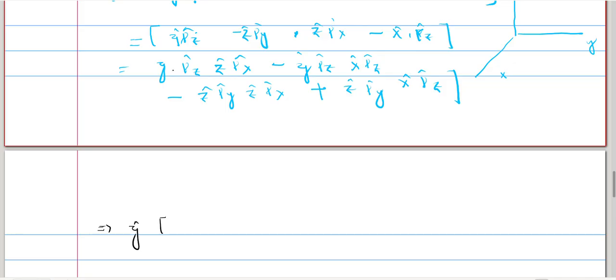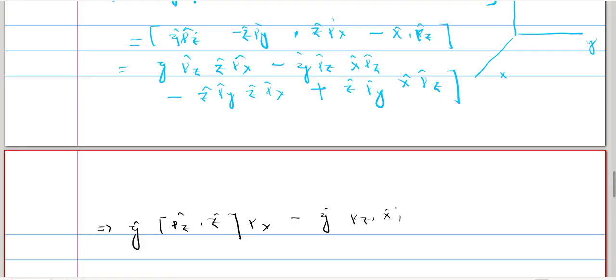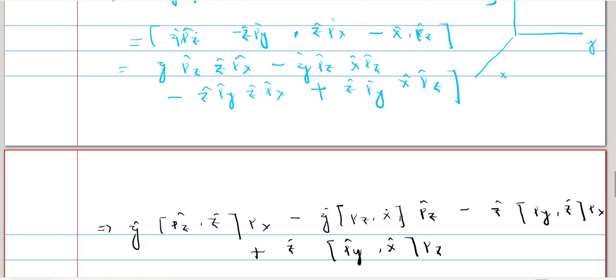For simplicity: y pz with z, we know that is px. y pz with x is pz. Then z py with z px, plus z py with x pz.